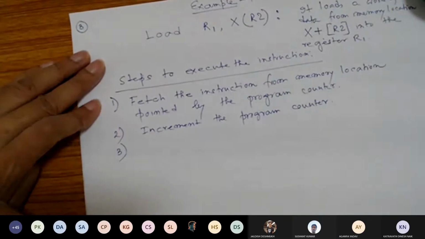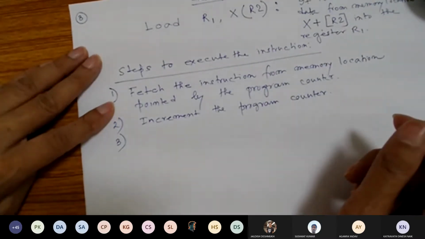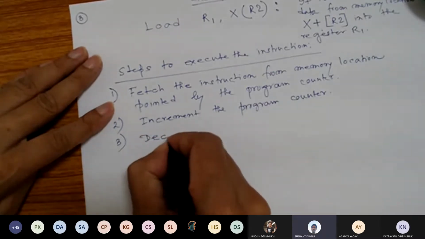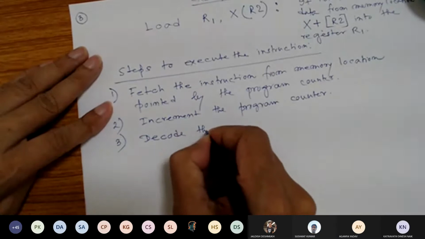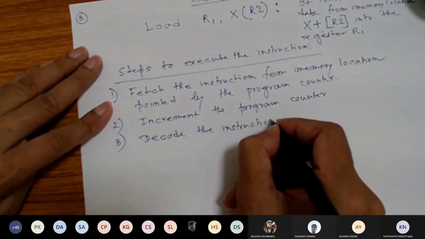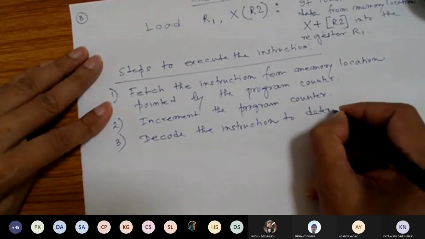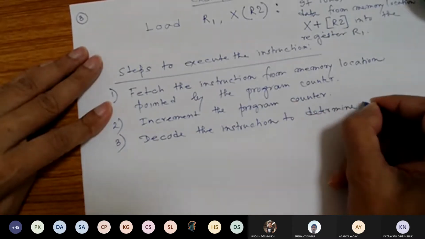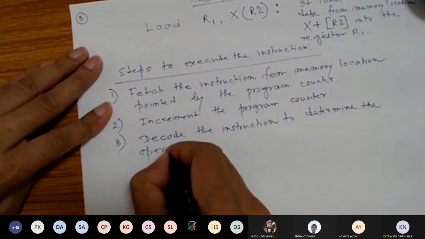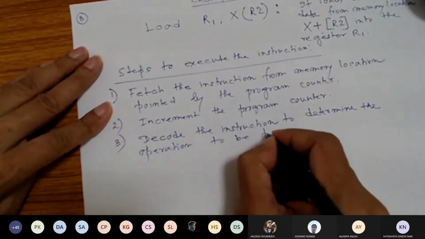Next step, decode the instruction. Yes. So decode the instruction to determine the operation to be performed.